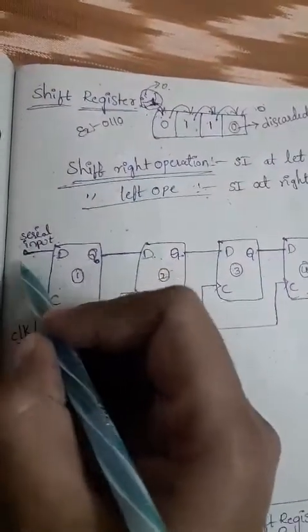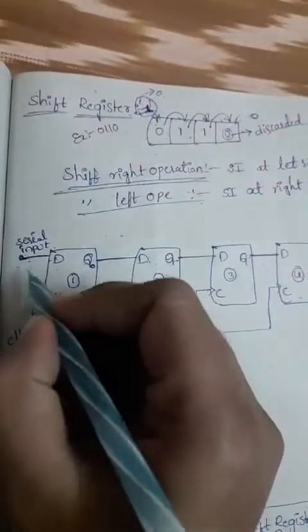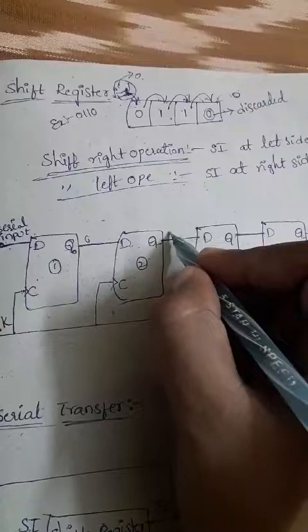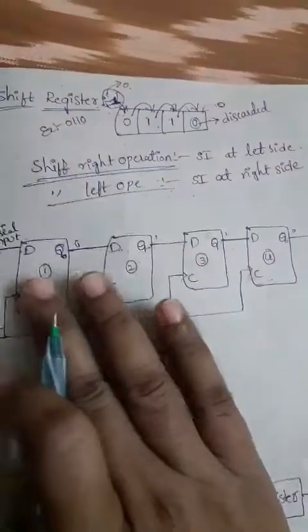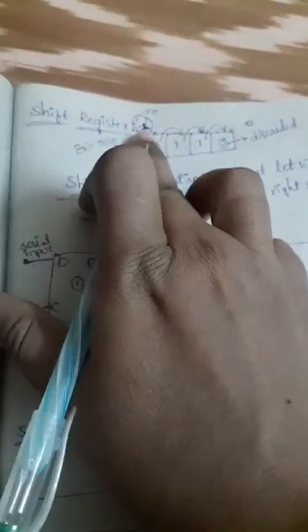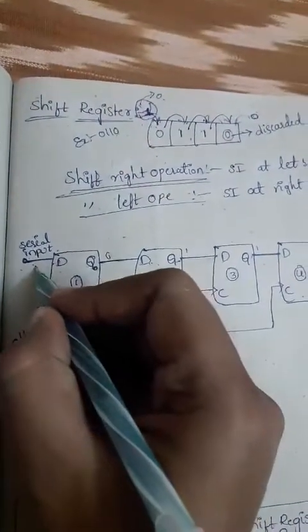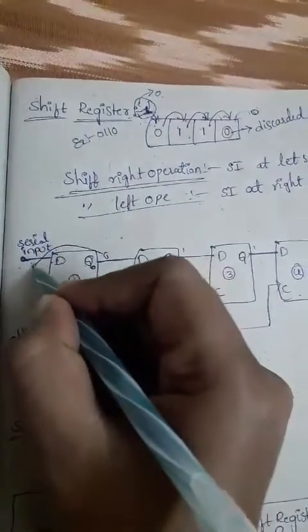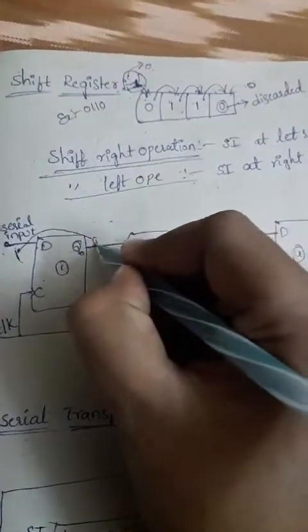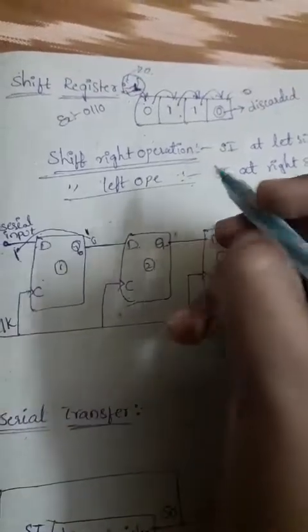That's why we are giving the serial input. For example, here the data is already placed. Whichever information you have, you can place it as it is: 0, 1, 1, 0, right? Now if you want to shift in the serial input as 1, this 1 will be shifted here, so the output will be 1 here.